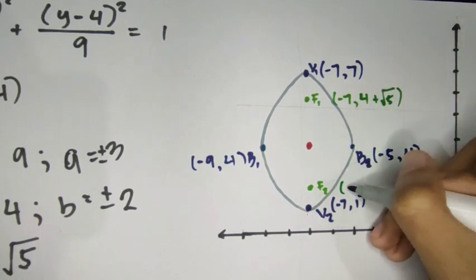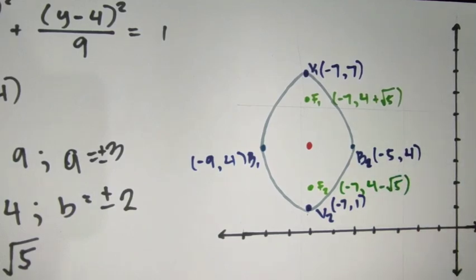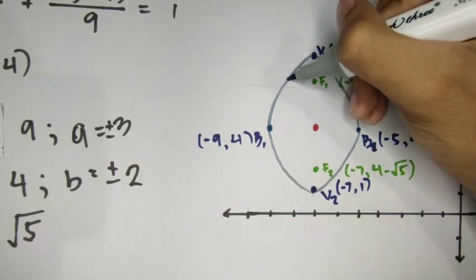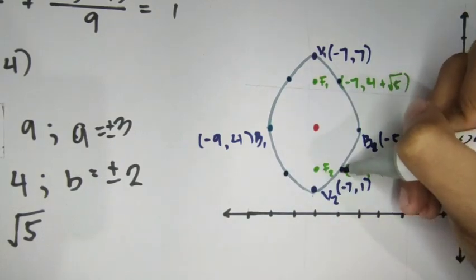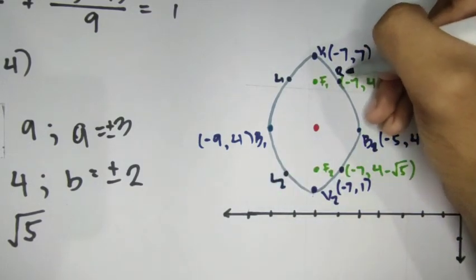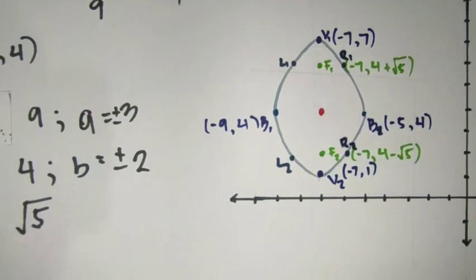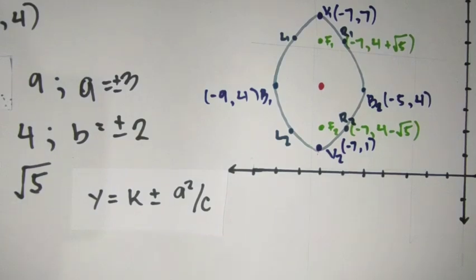And here would be still negative 7, 4 minus square root of 5. Our latus rectum, the points will just be here, alongside with the foci. L1, L2, then R1 and R2. If you want to find these points, just see the other example I've already answered.